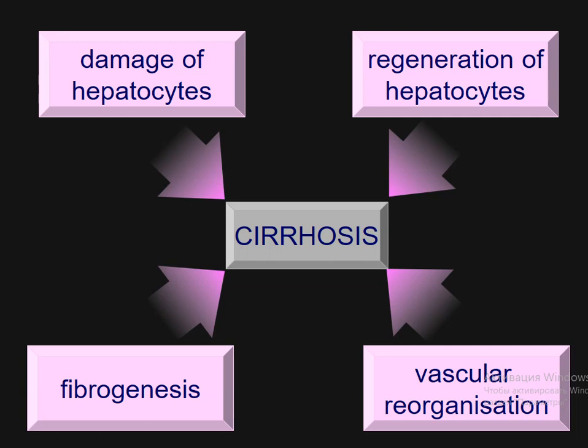Fibrogenesis. Continued destruction of hepatocytes causes collapse of normal lobular hepatic parenchyma, followed by fibrosis around necrotic liver cells. Fibrosis in the liver lobules may be different. We discussed with you, like porto-central, porto-portal, or central.